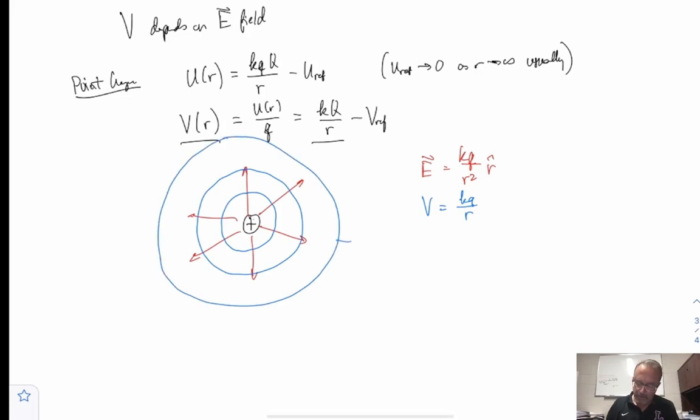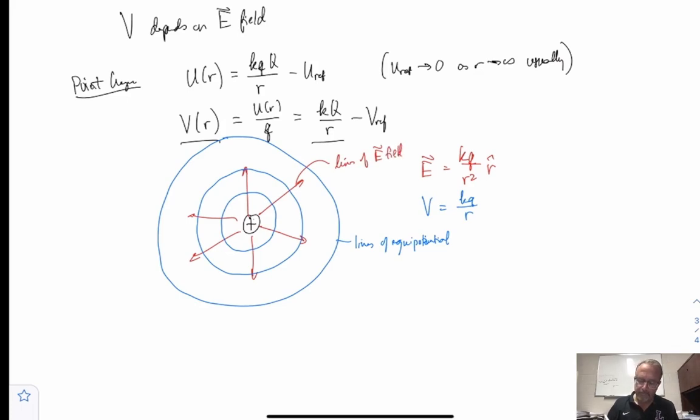So these would be called lines of equipotential, whereas these are lines of electric force, or electric field.